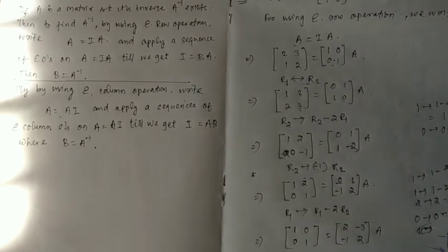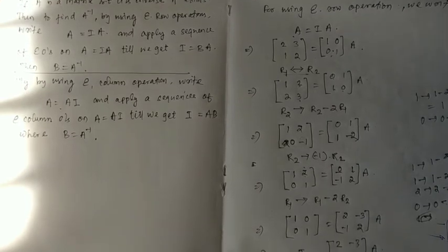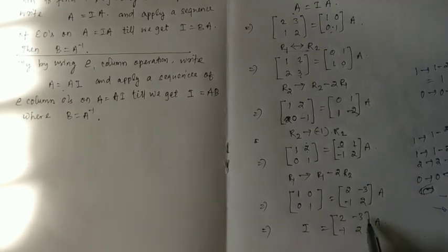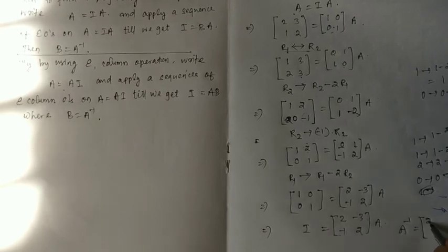That implies I equals the matrix 2 minus 3 minus 1 2 times A. So A inverse equals 2 minus 3 minus 1 2.